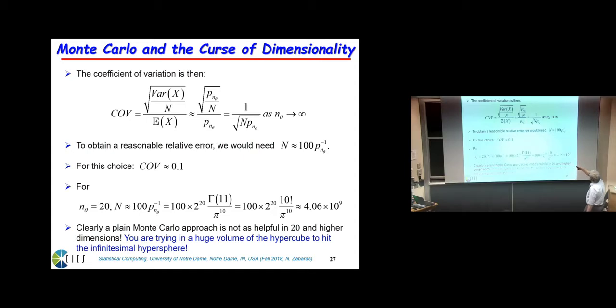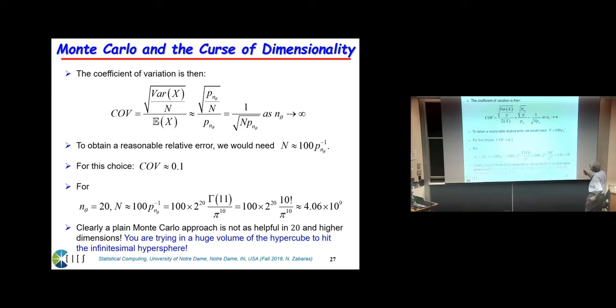So this and that give you a square root. So look what happened. As the number of dimensions goes to infinity, the coefficient of variation approximately becomes like that. So if you use a number of samples to be 100 times this probability inverse, then the coefficient of variation is 0.1. So if you put this thing in there, you get 1 over 100. So you get 1/10, so you get 0.1.